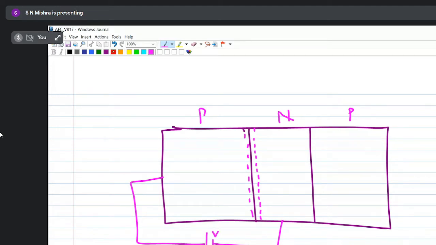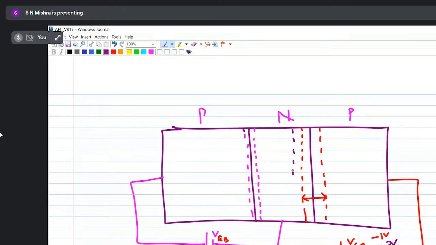The reverse bias junction is this one. So when I take VCB, let us take VCB as minus 1 volt. So this is your depletion width. Now when I increase VCB to minus 3 volt, the depletion region increases.